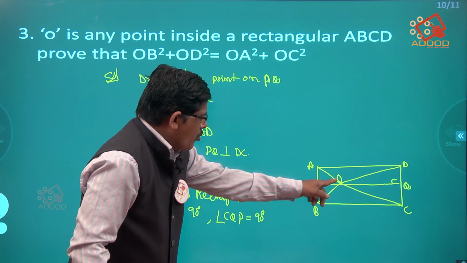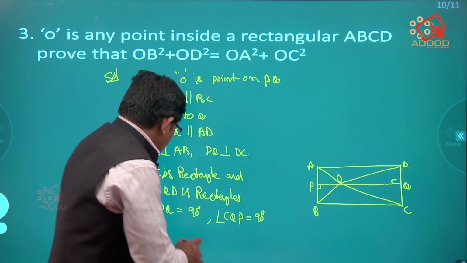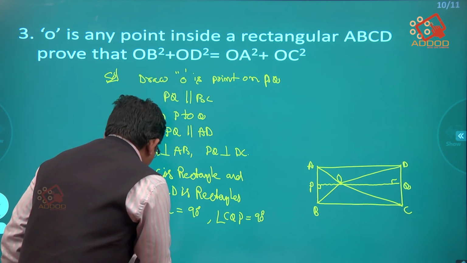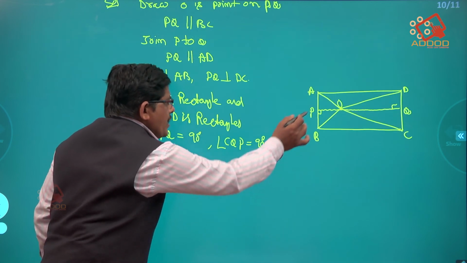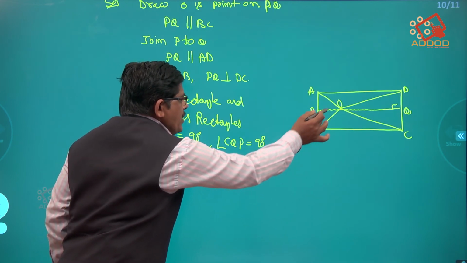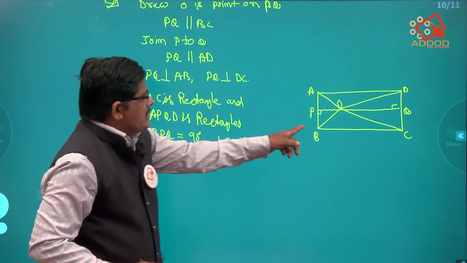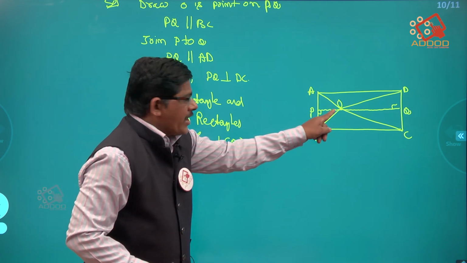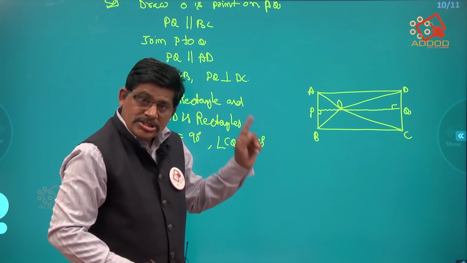Here in this triangle, what is the observation? First take OB. In triangle OBP, or BOP, triangle BOP, it is a right angle triangle. In this right angle triangle, apply the Pythagoras theorem.